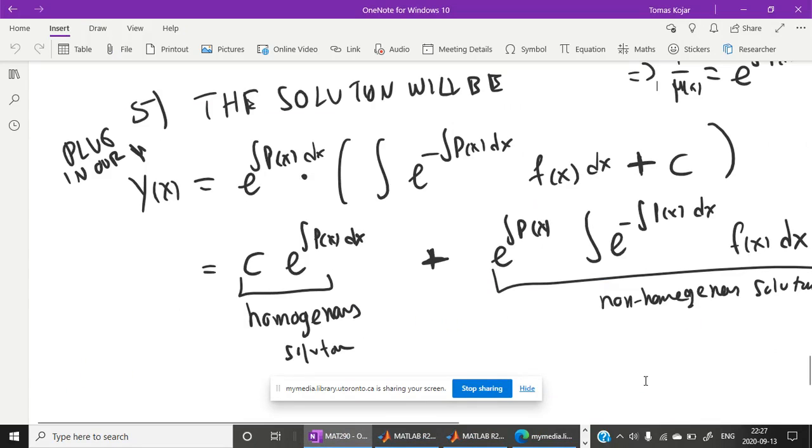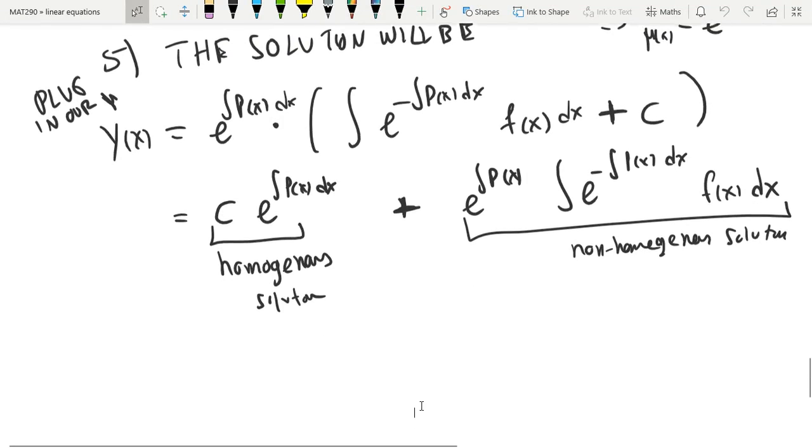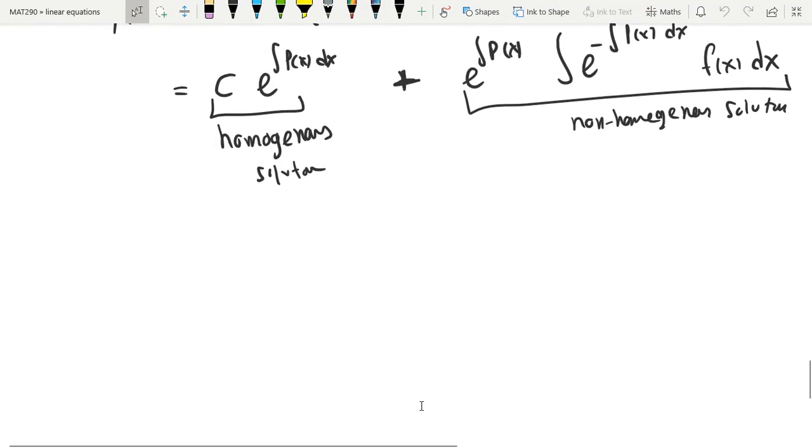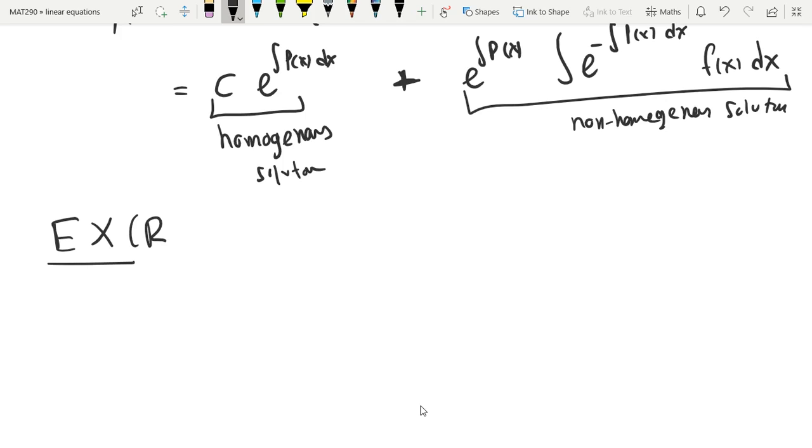Okay, so now let's do some examples applying the method of solution. So we start with the RL circuit equation.